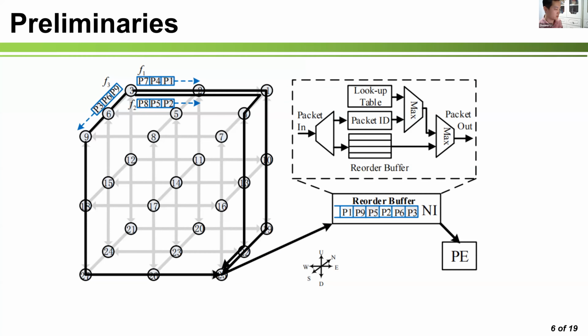So let's take this picture as a motivating example. Here, we depict the 3D NoC architecture with 3D mesh topology. Each circle in the 3D mesh architecture denotes a router that is capable of performing multi-path minimal routing.